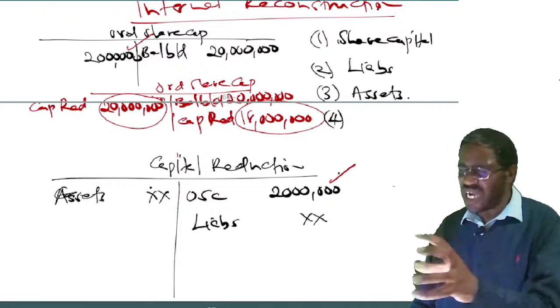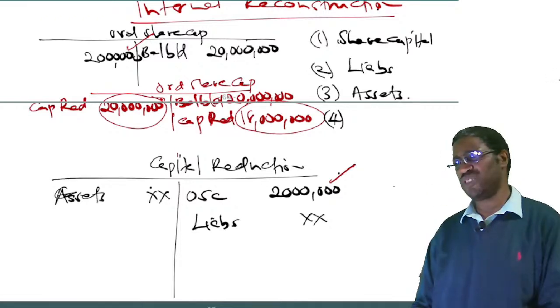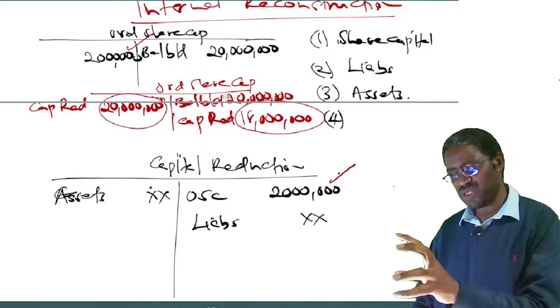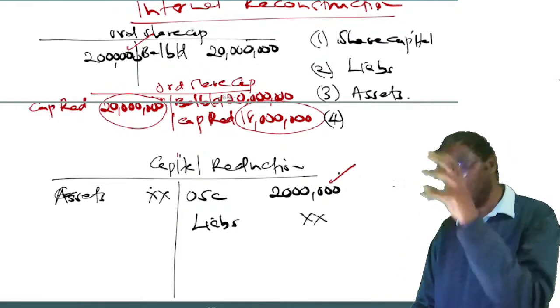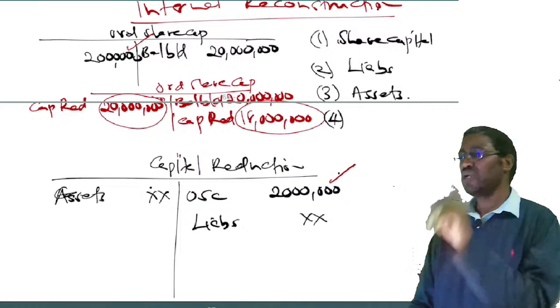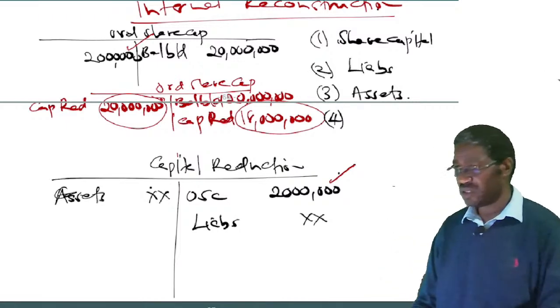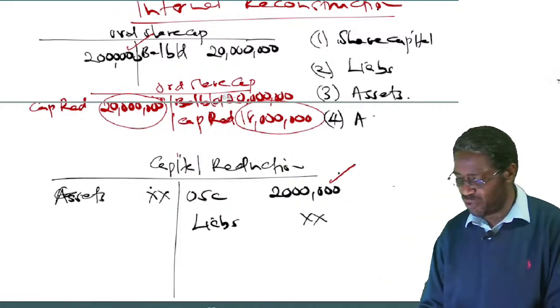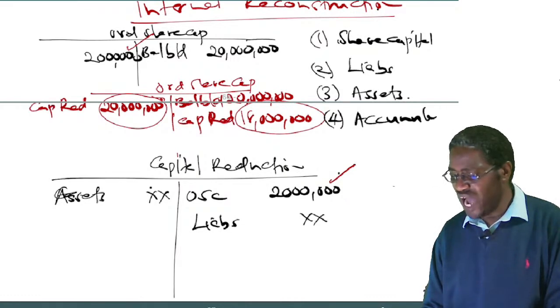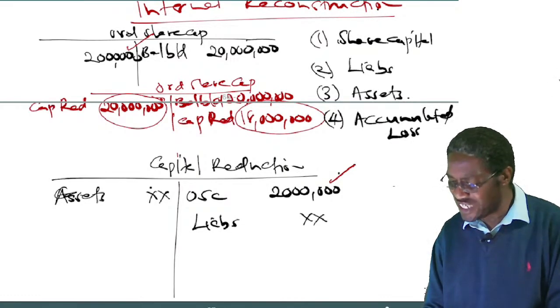So anytime you are reconstructing a company, it is obvious the accumulated losses that the company has must be eliminated. So that is our step number four, which says with accumulated losses written off.